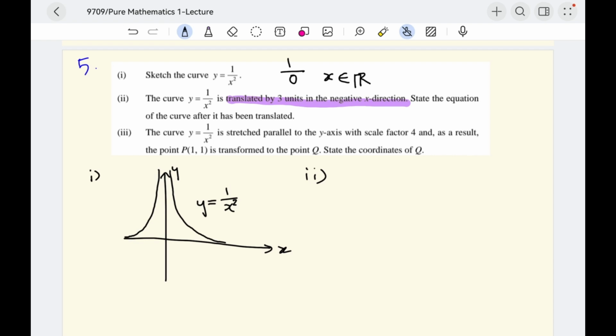That means you need to substitute x as x plus 3, because negative x direction by 3 units is plus 3. It's always opposite from the vertical translation. Therefore, the answer for part 2 is y equals 1 over (x plus 3) squared. That's all.